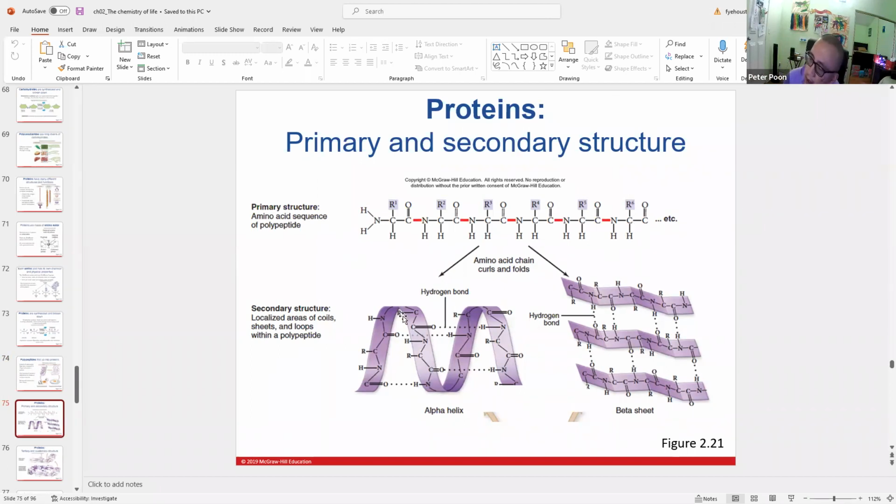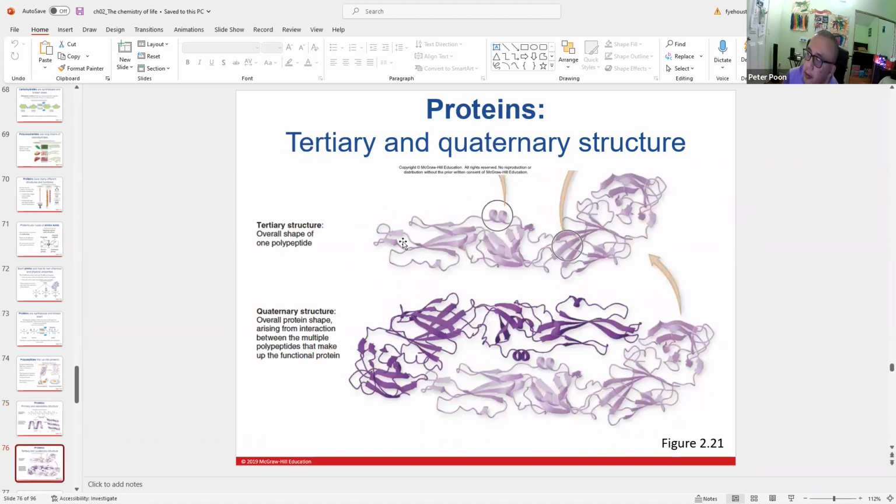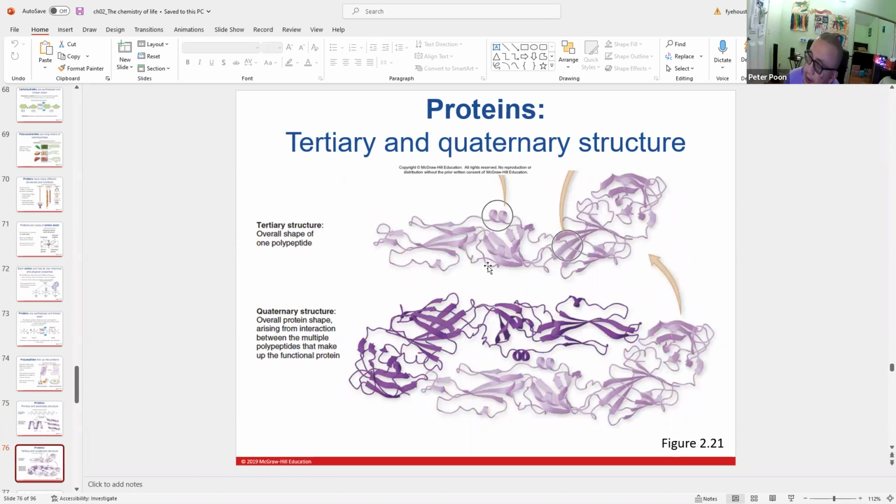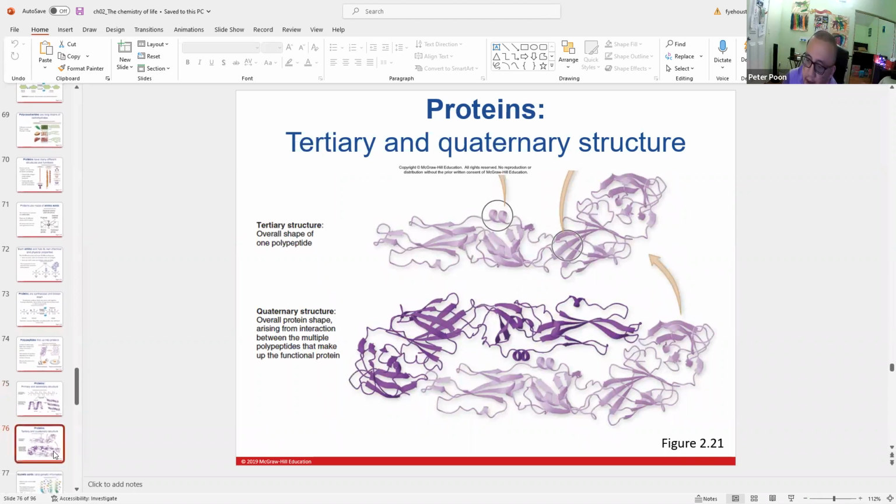When you string this together, they form these secondary structures, alpha helixes or beta sheets. The secondary structures will form tertiary structures, and then tertiary structures will form quaternary structures. So there's many levels of folding, and everything has to go right for the protein to be functional.